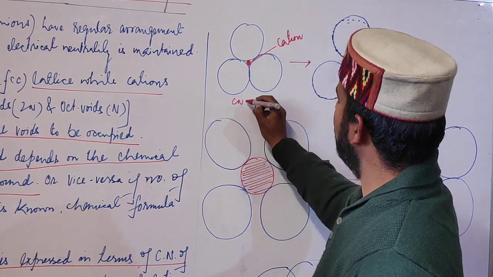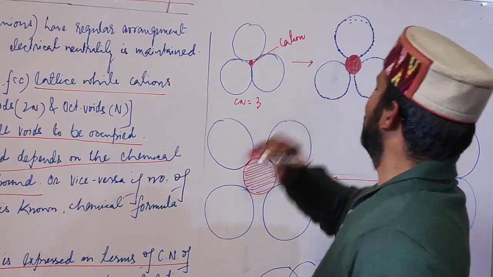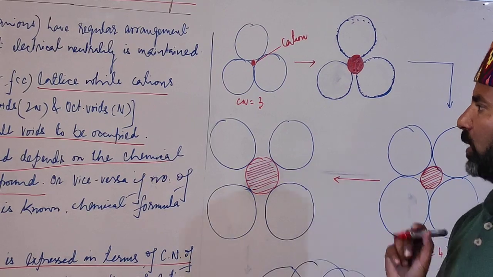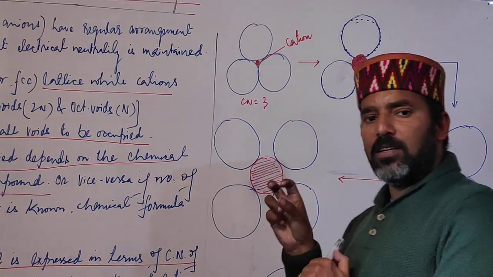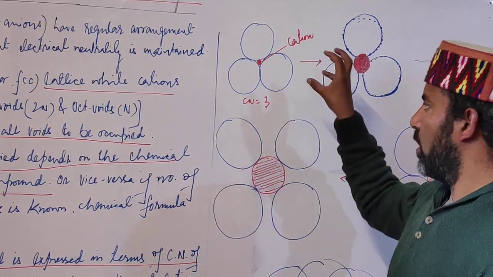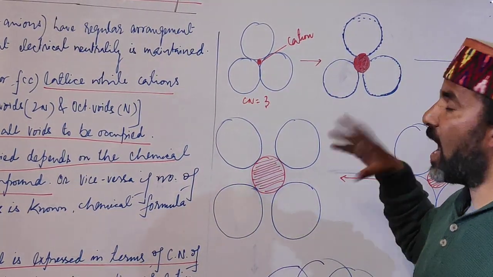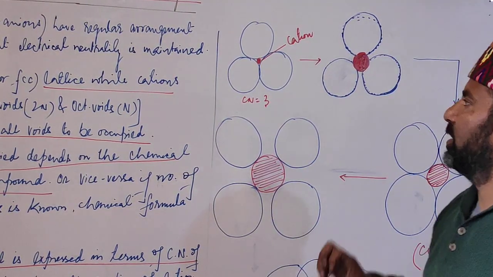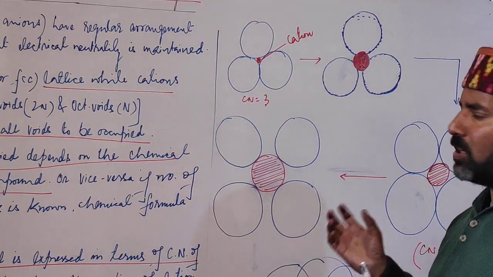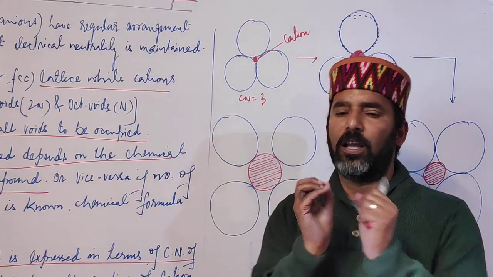So the coordination number here is 3. This is a stable arrangement. Now listen students, in a stable arrangement there should be cation-anion contact. And one more thing, in a stable ionic crystal all the cations as well as anions should touch each other.